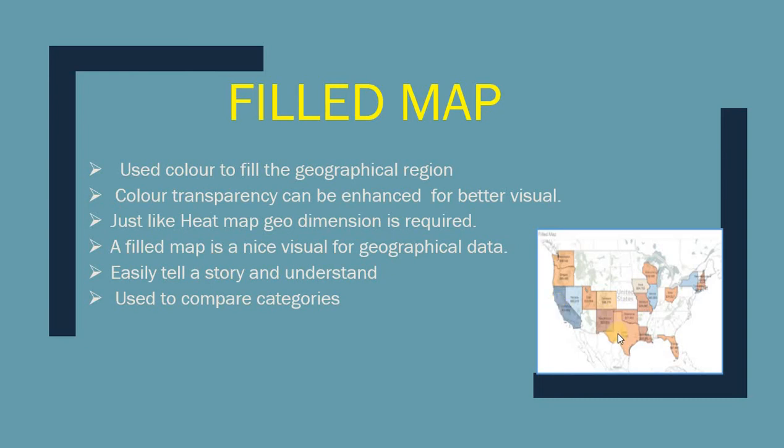We fill the color of that dimension across the whole field. I will show how to do that later. As you can see, we can tell a lot of stories and presentations, and we can also compare across geographies, or across different data dimensions and categories.